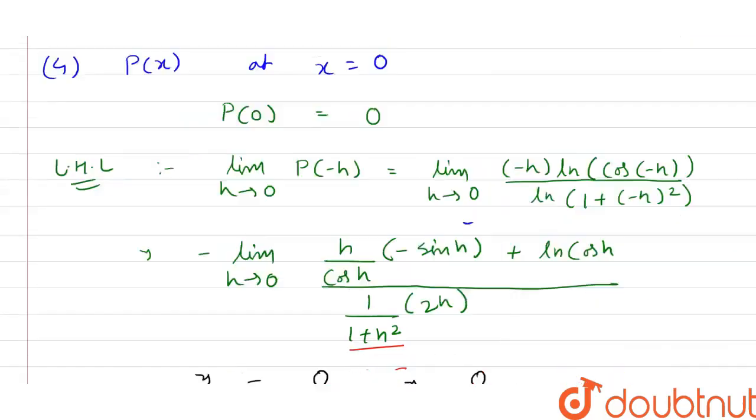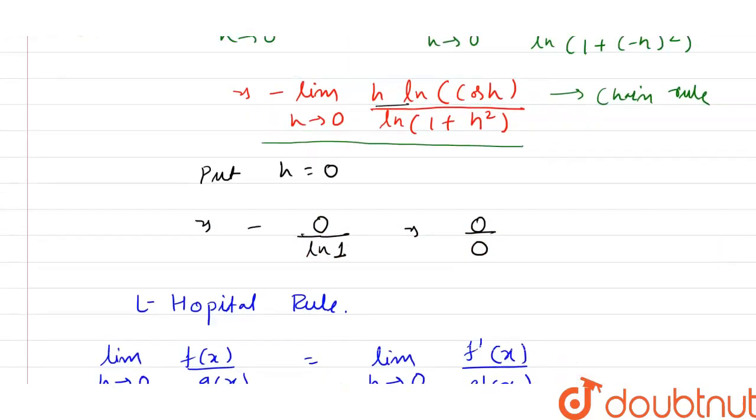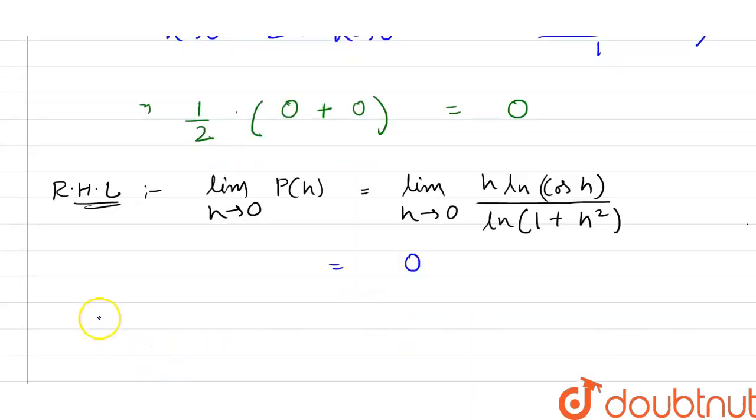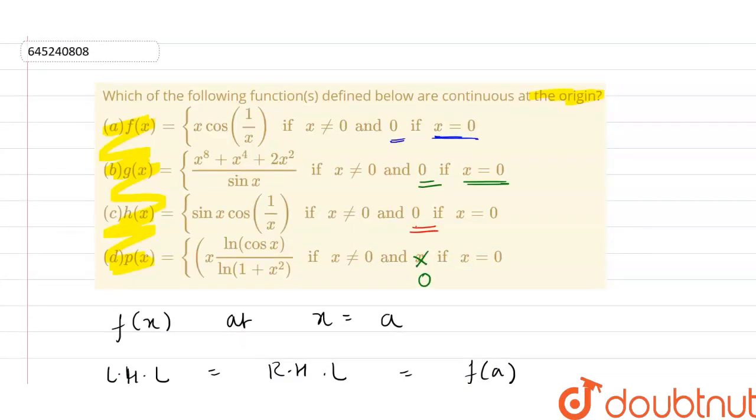So this is the same as this term, and the limits are also the same, so its value will become 0. So from here we can say that LHL is equal to RHL is equal to p of 0. So we can say that this is also continuous. Now if we check our options, all four options A, B, C, D are continuous at the origin.